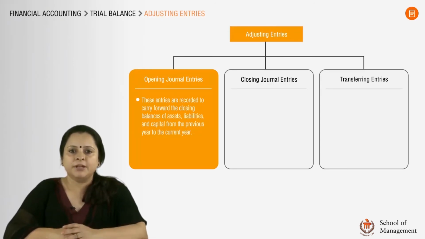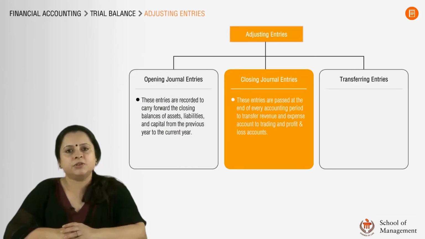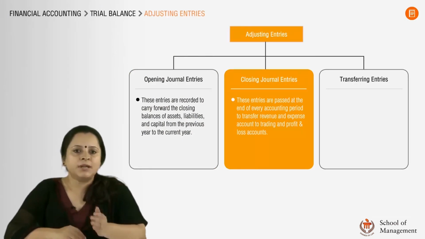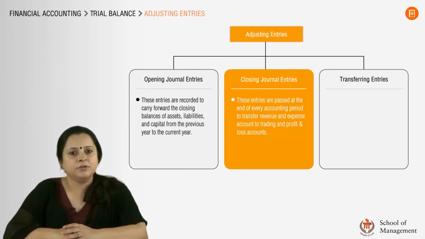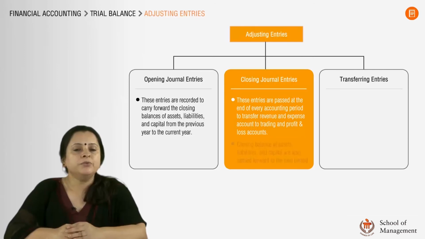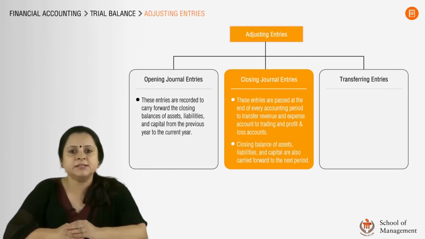Similar to opening journal entries, closing journal entries are also passed at the end of every accounting period. To transfer revenue and expense accounts to trading and profit and loss account, we have to prepare the closing entries at the end of accounting period. We also need to close the balance of assets, liabilities and capital in order to carry them forward to the next period.